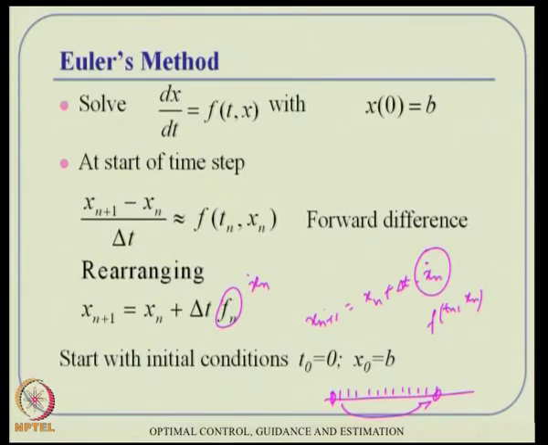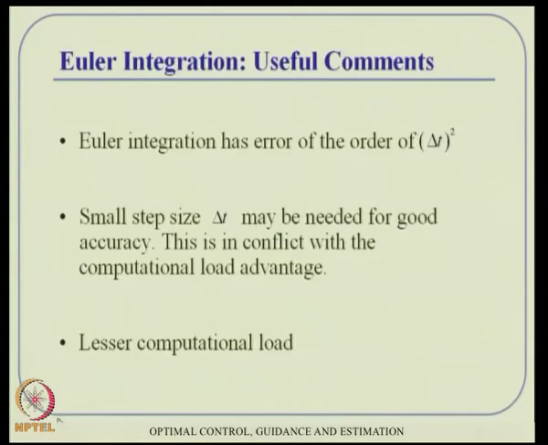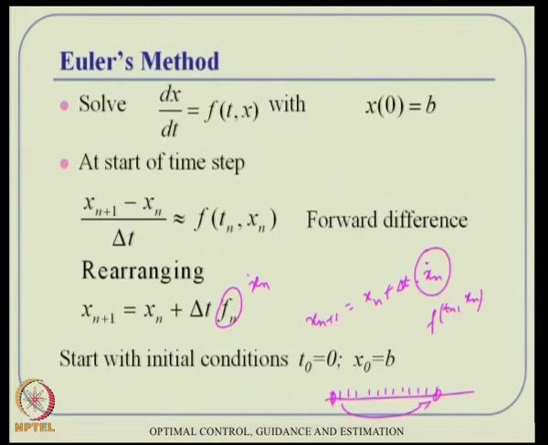Another advantage of the Euler method is that the formula turns out to be rather easy. You can do further algebra rather easily. For example, if you discretize this equation this way, this is the discretized form of this continuous equation, then you can talk about various derivatives of this. Sometimes we are required to take derivatives, like del x n plus 1 divided by del x n.